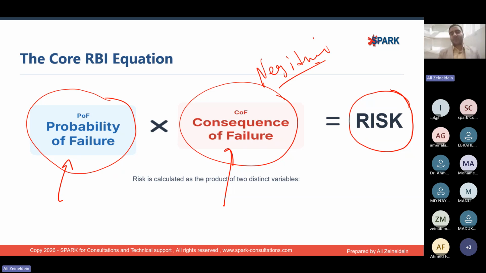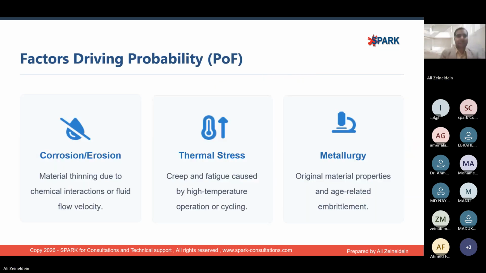Will be addressed on the human and the environment and the production interruption. Factors driving the probability of failure: corrosion and erosion, thermal stresses, and metallurgical issues.